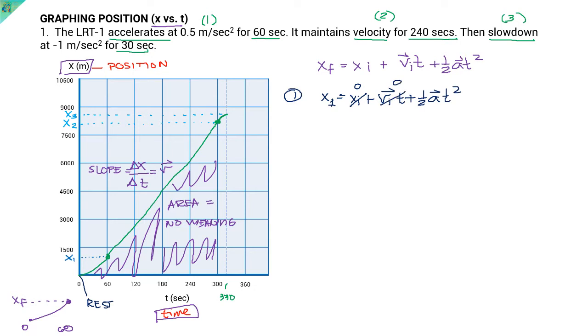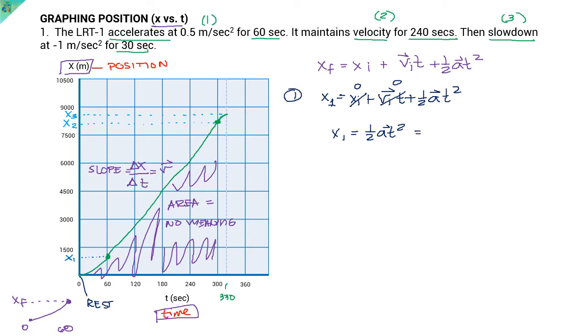Which means that our formula in actually searching for x1 would be x1 is equal to 1/2 acceleration times time squared. So do we have an acceleration for situation 1? Yes, that's given as 0.5 meters per second squared. Do we have the time for that acceleration? Also yes, that would be 60 seconds.